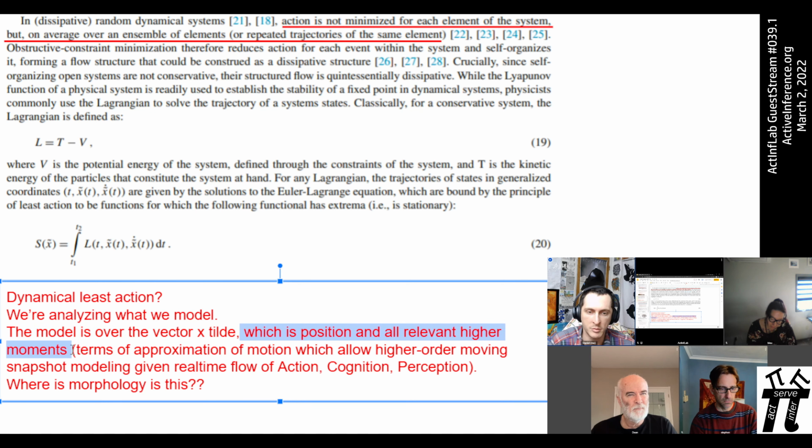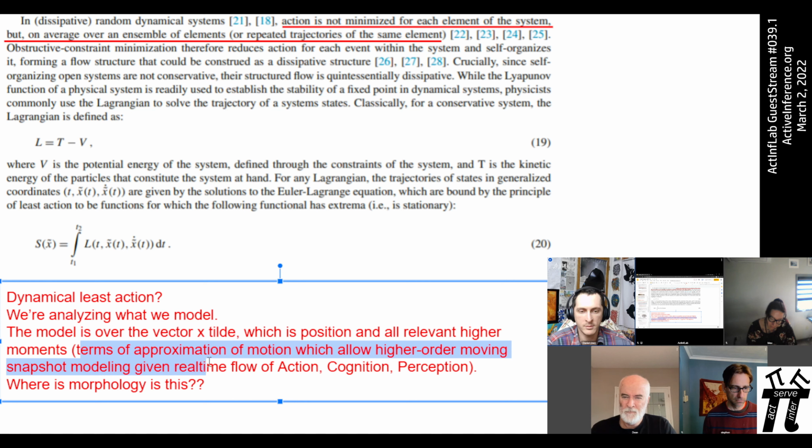Position and all higher order moments of the statistical distribution. They're called moments, like the first, second, third moment of the derivatives of the statistical distribution. And these are basically terms of approximation of motion that allow a high order approximation, like a Taylor series or a Volterra series approximation, to allow snapshot modeling with real-time flow.